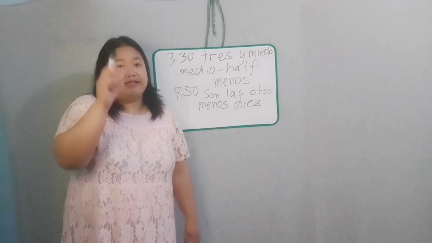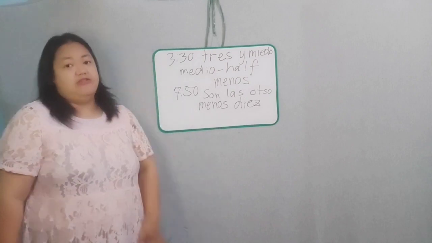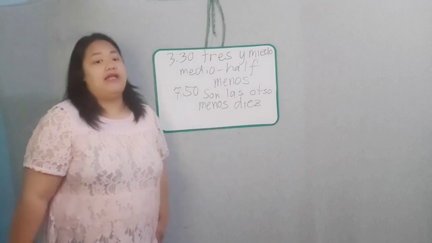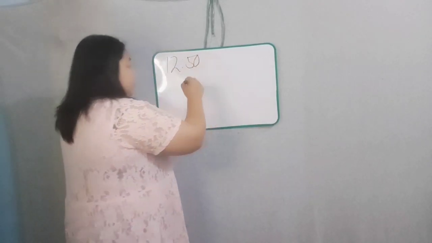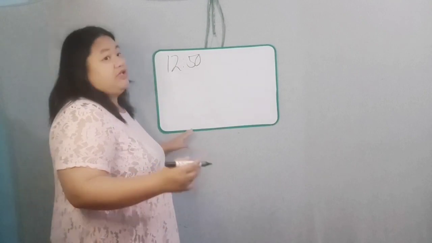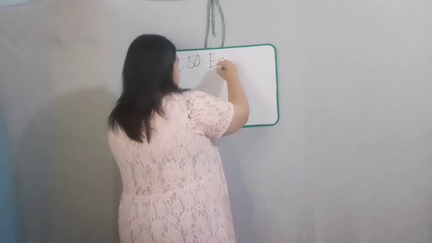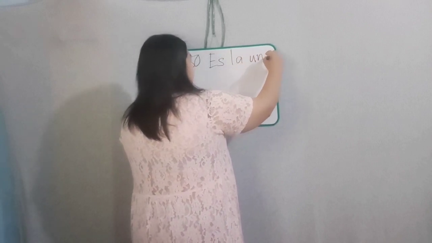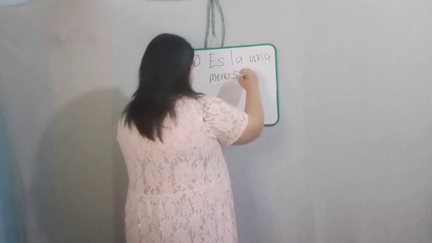It's 7:50. So it's 10 minutes before 8. So that's how you read the 7:50 in Spanish. What about 12:50? Okay. Well, 12:50 will be read as es la 1 menos 10, because it's 10 minutes before 1.